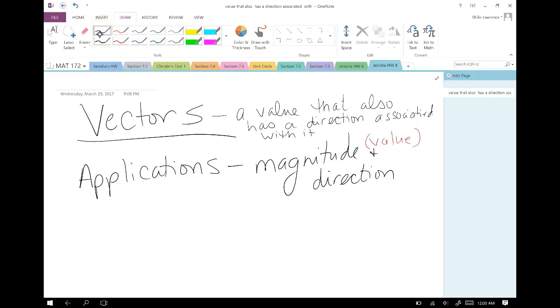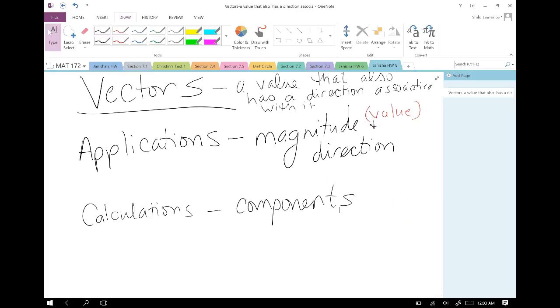So the applications refer to vectors one way, but for calculations, we need to think of vectors as components. We need to think of them as a horizontal component and a vertical component.